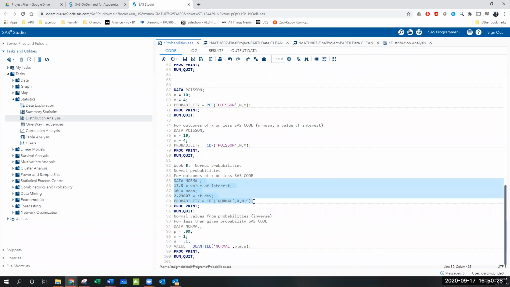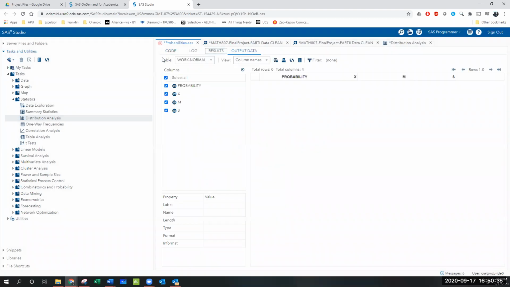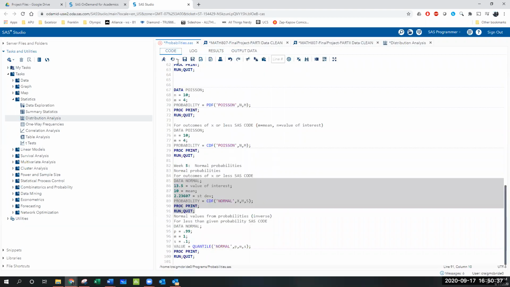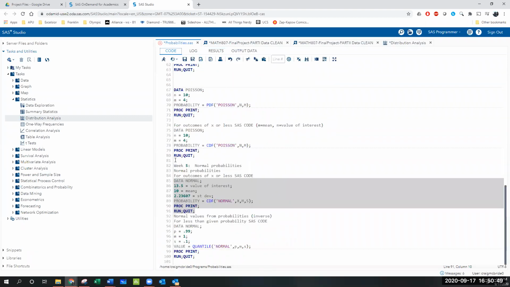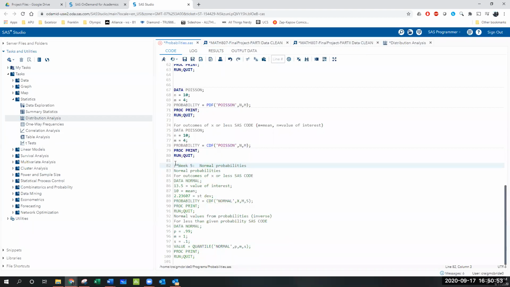Okay, I think you may be right. Something's wrong with my code. Data is normal CDF. So this needs to be, it's not binomial, it's normal, right?